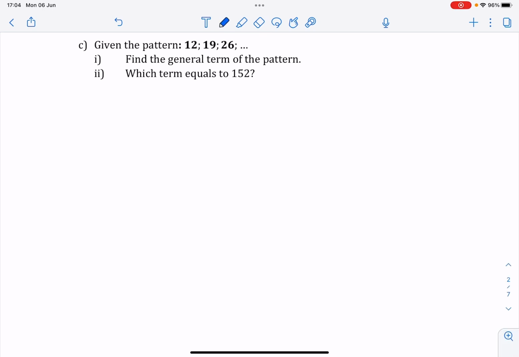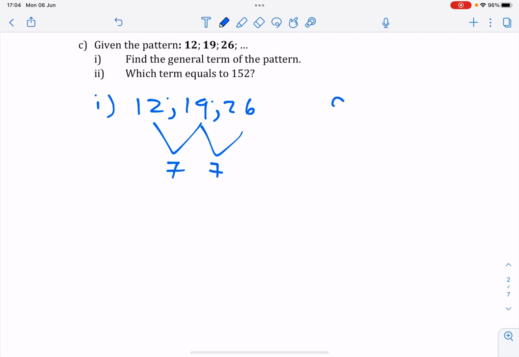Find the general term of the pattern and which term equals 152. So question I, 12, 19, 26. What do we need to do? 19 minus 12 is 7, and we're hoping to see a 7 with 26 minus 19, which we do. So our d is 7 and our a is 12.